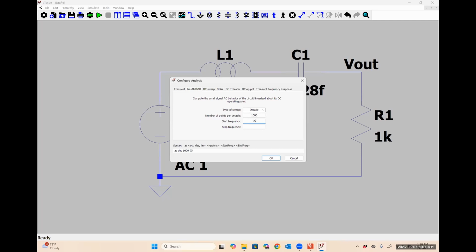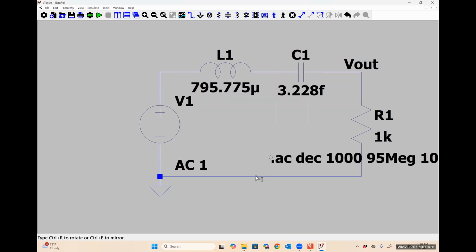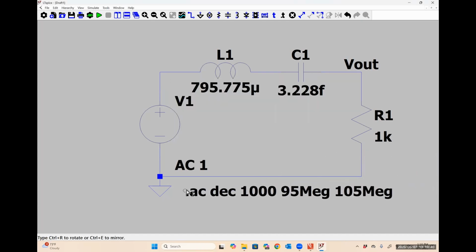If I did 95 capital M, LTspice doesn't know the difference between capital M and lowercase m, so that would treat it like it was millihertz. So I need to do specifically MEG for megahertz here. And down here, I'm going to do 105 MEG like so. Hopefully this works correctly and I don't embarrass myself further, but at the end of the day, it is what it is.